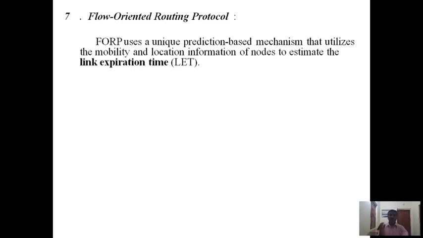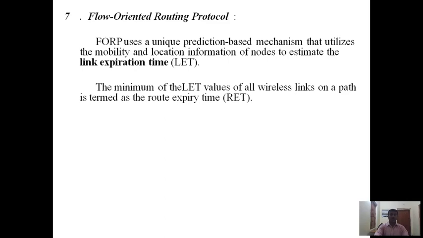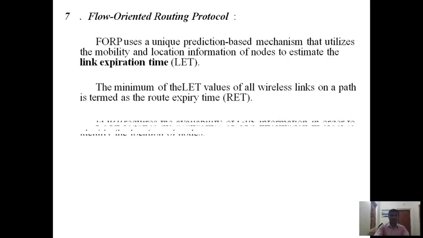It mainly estimates the link expire time on the basis of mobility and location information. That's why we say it is a prediction based mechanism. The minimum of the link expire time values of all wireless links on a path is termed the route expire time.